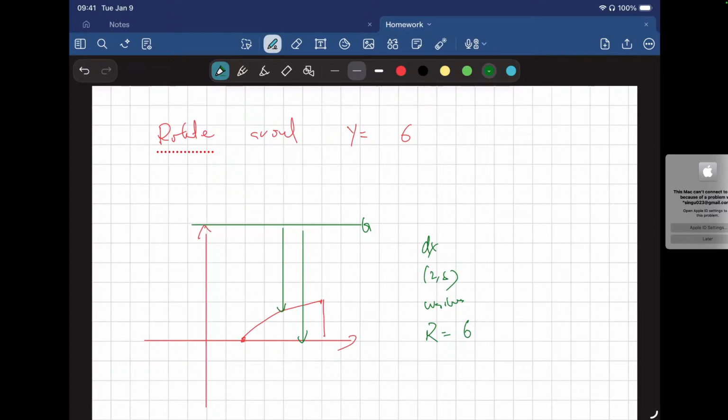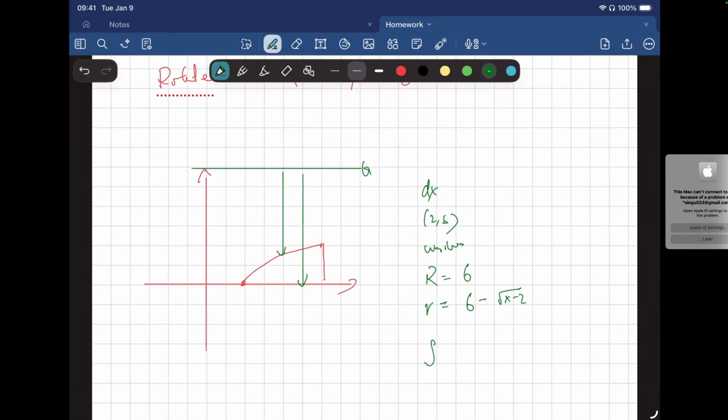What is small r is the hard part. 6 minus a function. So therefore, it's gonna be integration pi. Don't forget pi. 2 to 6, 6 squared minus 6 minus square root x minus 2 squared dx.